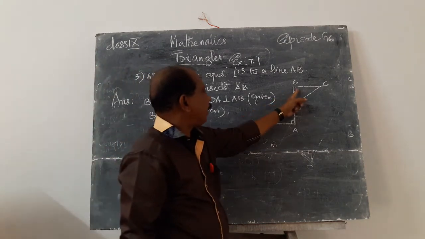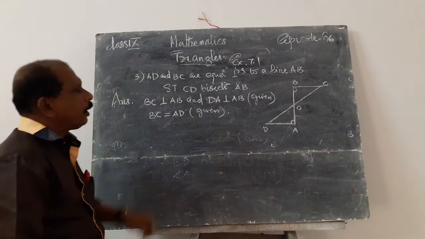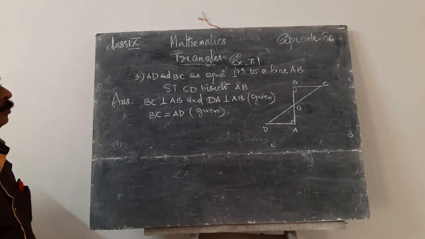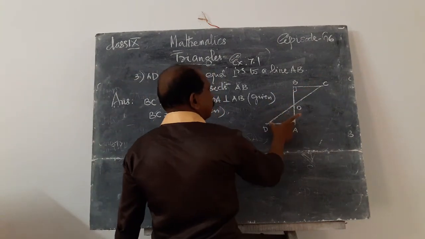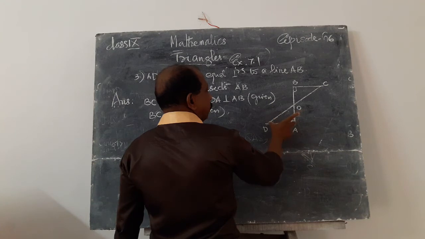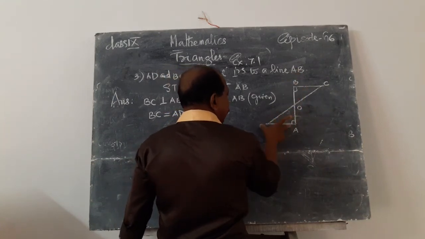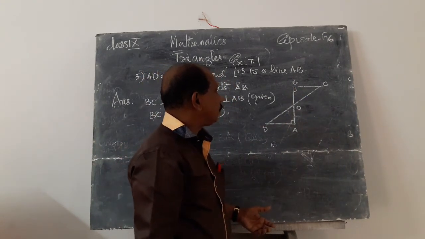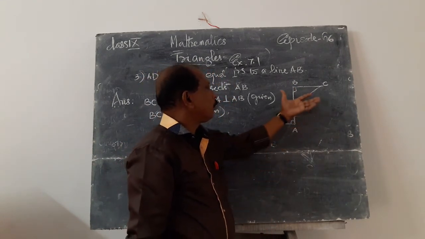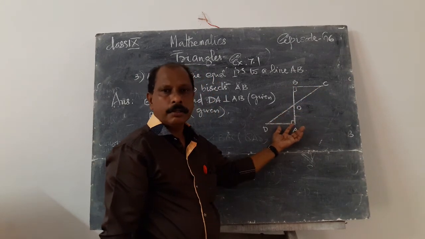This angle is 90 degrees, this angle is 90 degrees, and this angle is 90 degrees here. These two sides are equal. That means BC and AD are perpendicular to AB, which implies that these two are parallel.